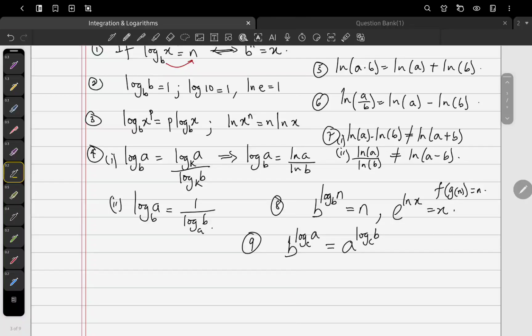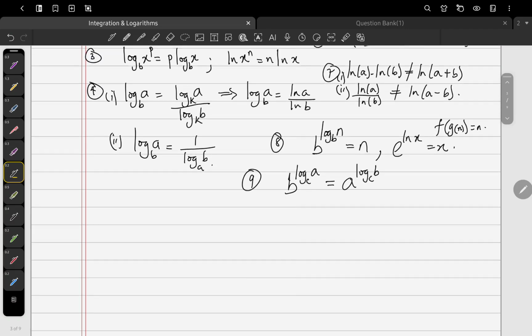Okay, this stems from the fact that if you look at property 8, we can see that the same way we were able to write n to be b to the power of log n base b, I can rewrite b as well as something else. So I can write b as x to the power of log b base x.